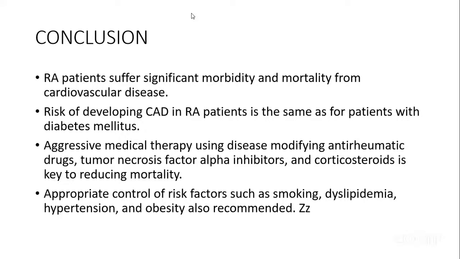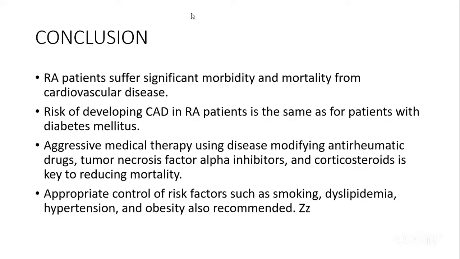Like we said, half of them will die from cardiovascular conditions. And the risk, like we said, is the same as in patients with diabetes mellitus. So telling us that we need to be aggressive with them. We need to manage them the same way we manage patients with diabetes mellitus when it comes to cardiovascular complications.